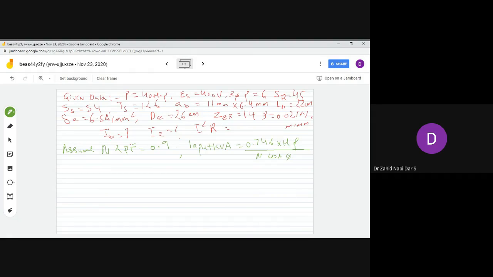HP is 40 HP. So substitute the value of 40 HP and here 0.9 and 0.9. So you will get this as 36.89 kilowatts.